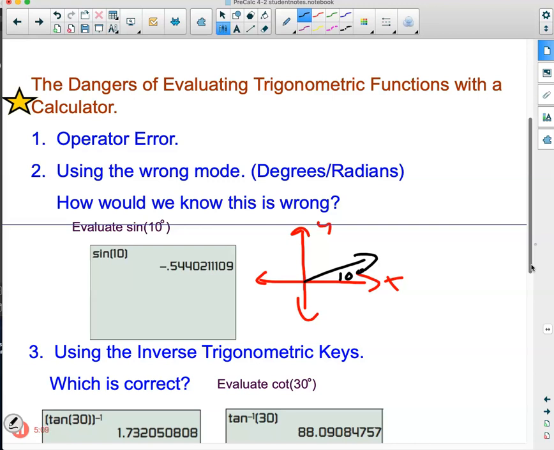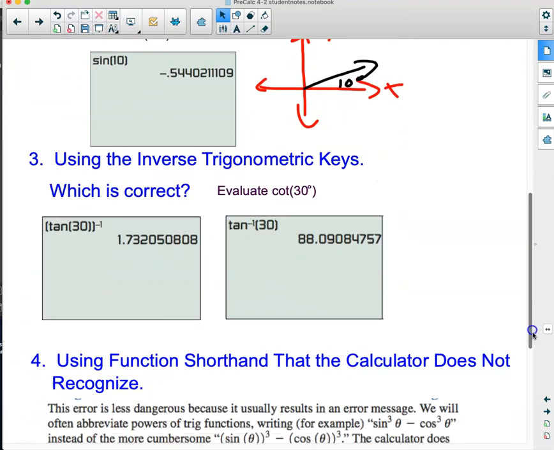And in the first quadrant, sine, cosine, and tangent are all going to be positive. So this should be a clue. Uh-oh, I forgot to change it into degree mode. It's in radians. Then, like I said, those inverse trig keys, and they want to know which is correct.